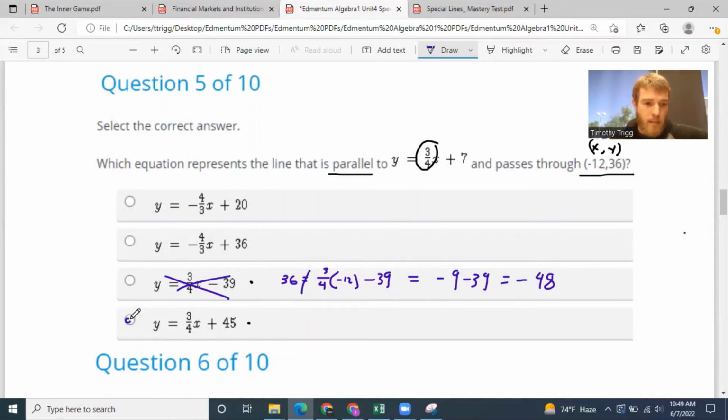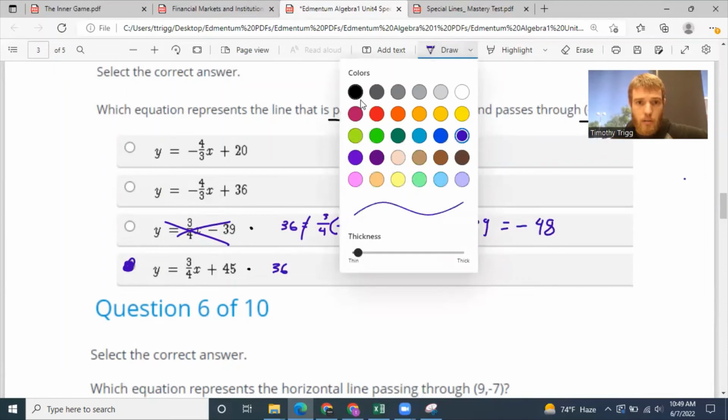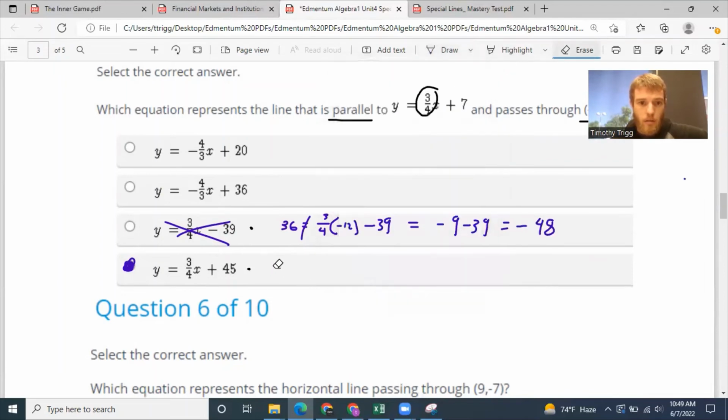So that means it has to be this last answer choice. But let's just double check. I've replaced the y with 36. Maybe I'll use a different color. 36 equals, and here we're replacing the x with negative 12 once again. Oh, that should say plus 45.